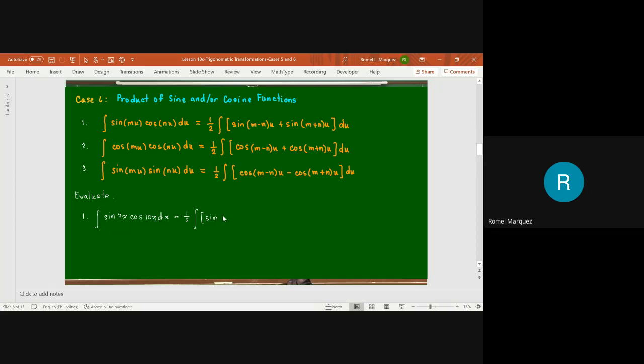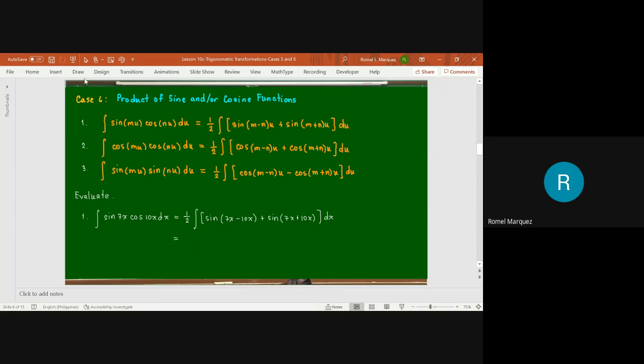So that is 7x minus 10x. Okay? So my m here is 7, my n is 10. 7 minus 10, that is actually -3. Then my u is x. Okay, guys? So we now have plus sine of, take the sum, 7x plus 10x. Quantity dx.